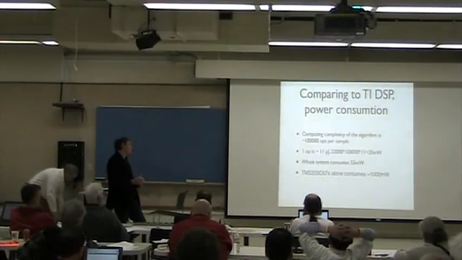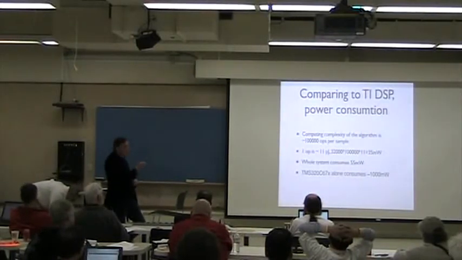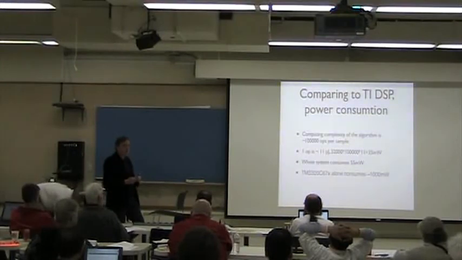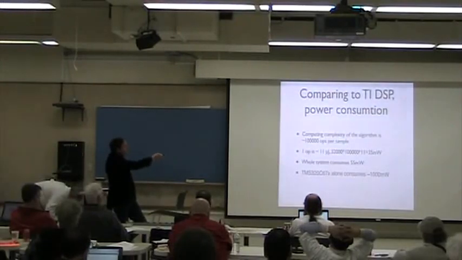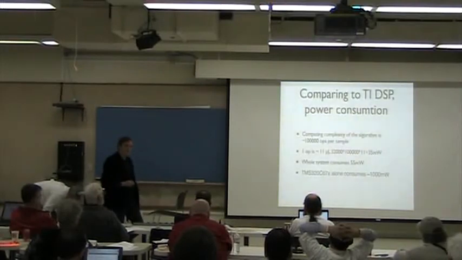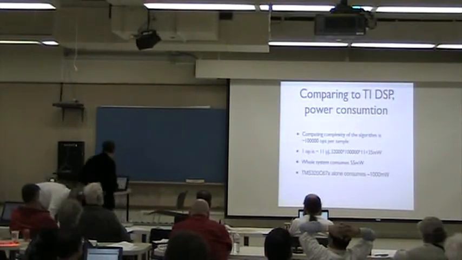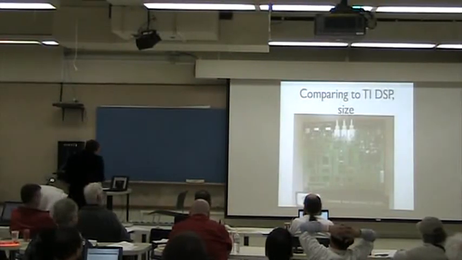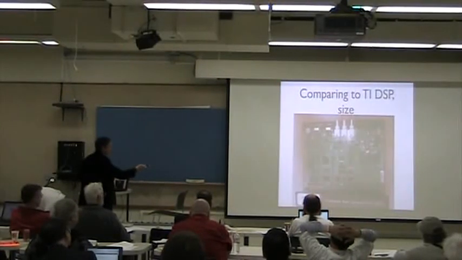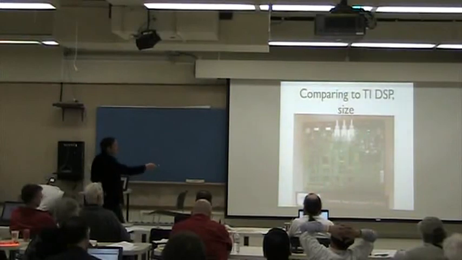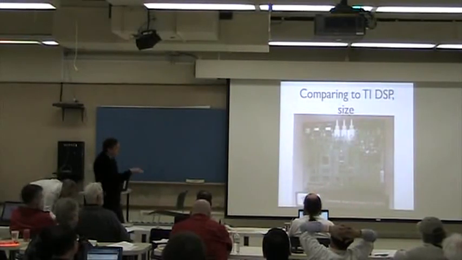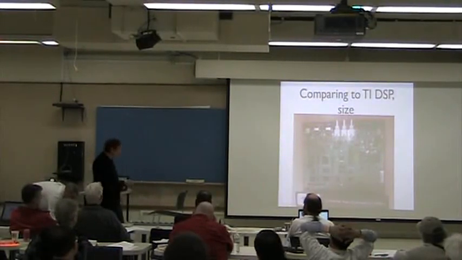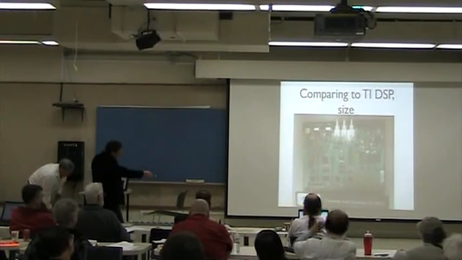And even compared to this specialized device, we are 20 times more power efficient. We consume 1 watt, we consume 55 milliwatts. And this is how it compares. So this is the TI board used for the initial prototyping, and this is my device.